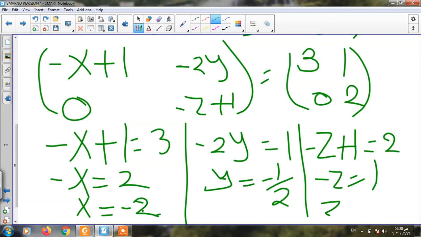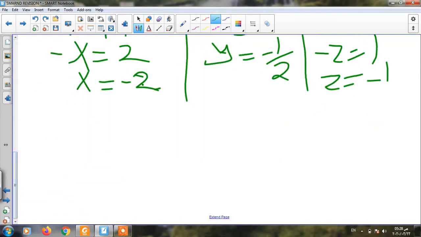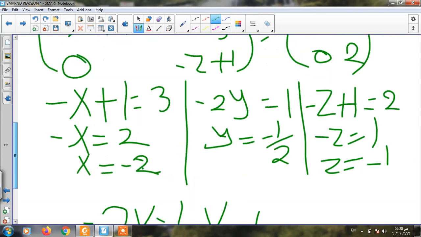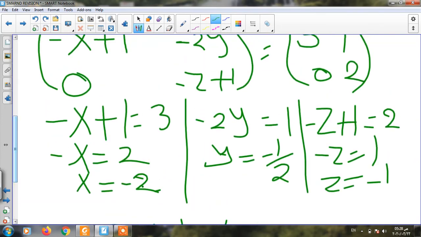If you multiply x, y, z, it's negative 2 times negative half times negative 1. Negative 2, negative half, z will be 1. Look here, negative z plus 1, 2, 3, 0.